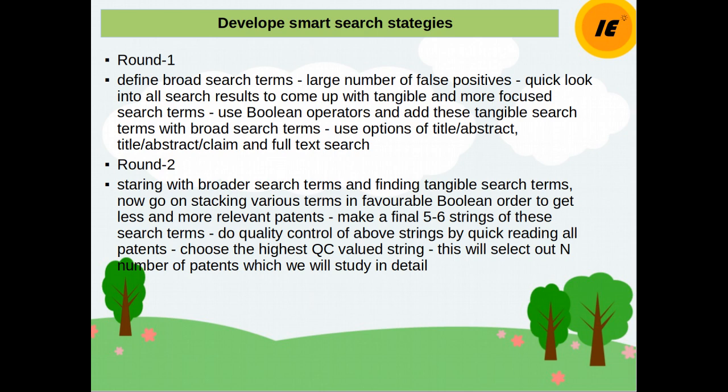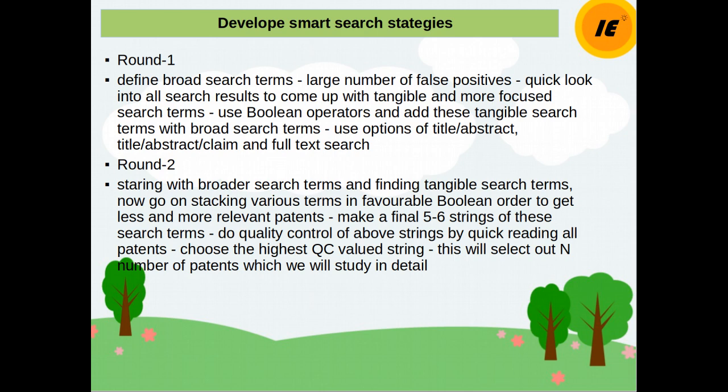Then in the next step, you use those broad search terms as well as those specific niche search terms, using strings of Boolean operators that I had shown you. And of course you have to use smartly the choice of whether to search on title, abstract, or full text.